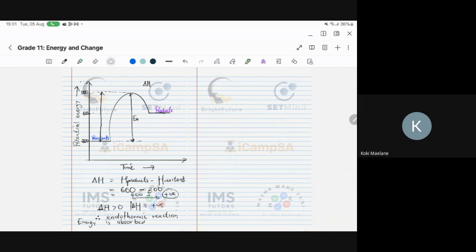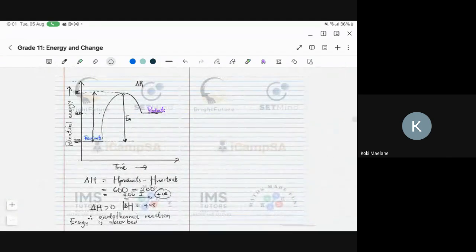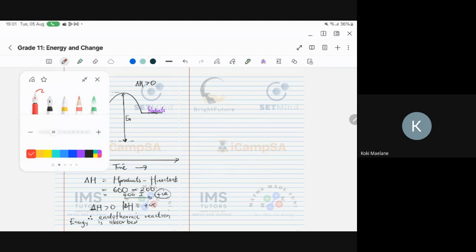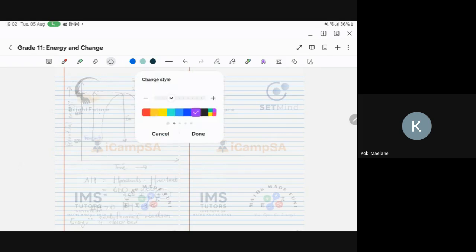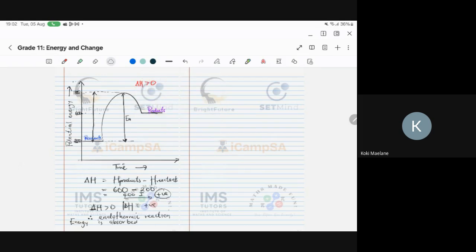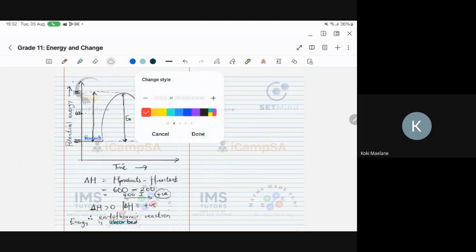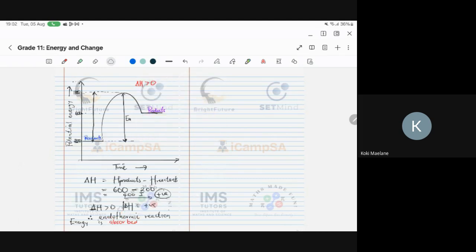And we said delta H is greater than 0, and if delta H is greater than 0, this becomes our endothermic reaction. Energy is absorbed. So therefore, it's an endothermic reaction.